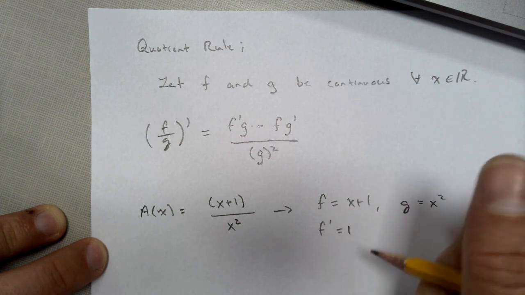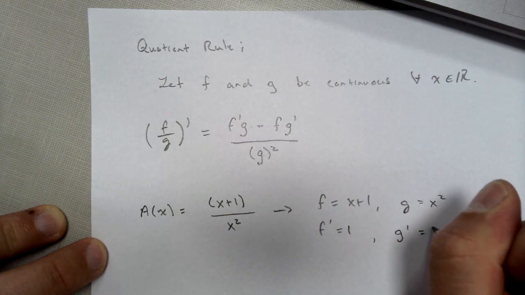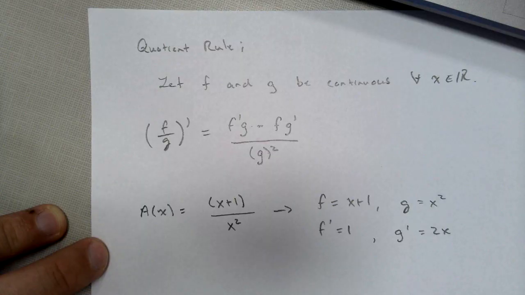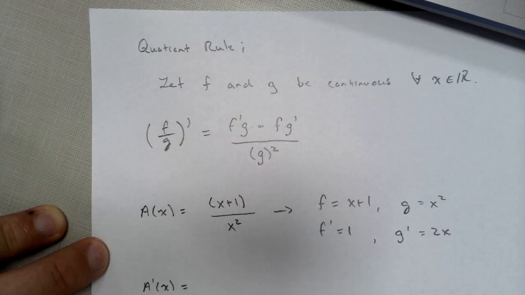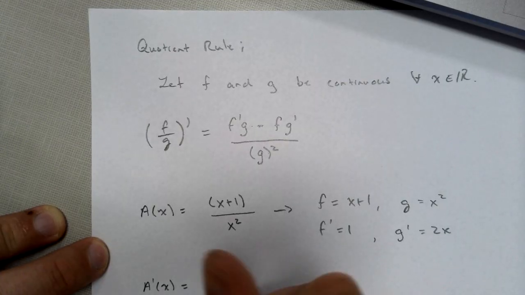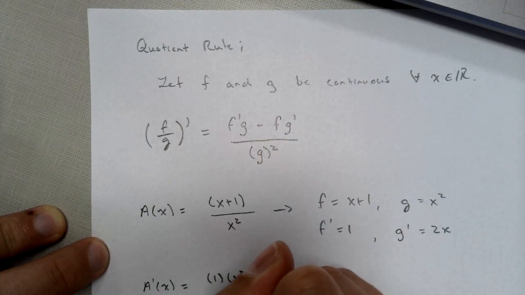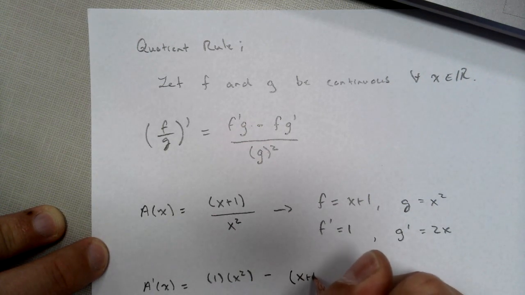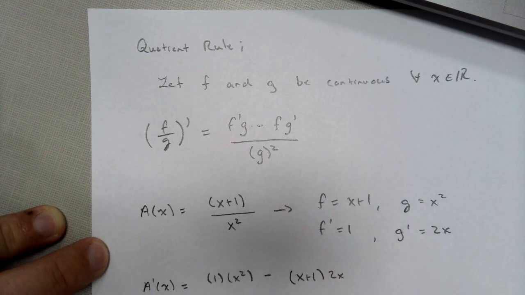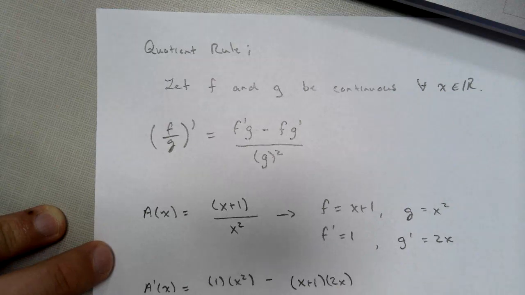So f prime is equal to 1, and g prime is equal to 2x. Now we have everything we need to plug in to our quotient rule formula. So a prime of x is equal to low d high, so that's 1 times x squared, minus high d low, so that's x plus 1 times the derivative of g, which is 2x, all over low, or g squared, so that's x squared squared.